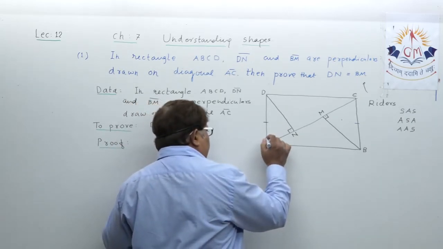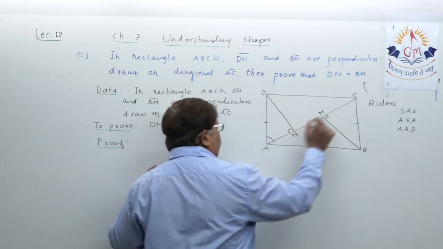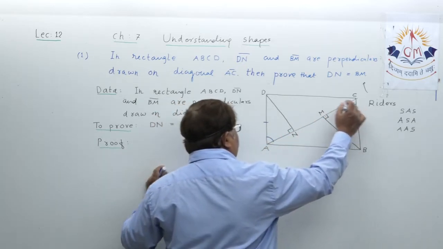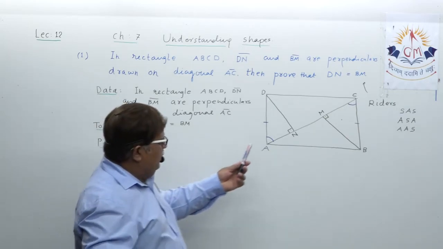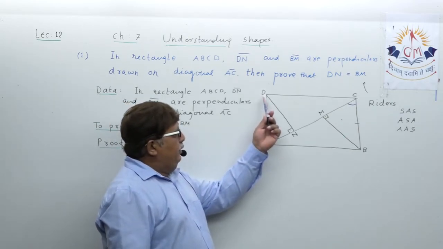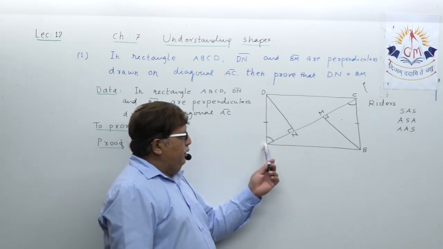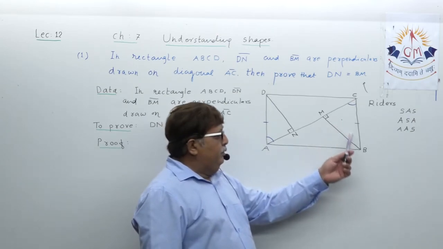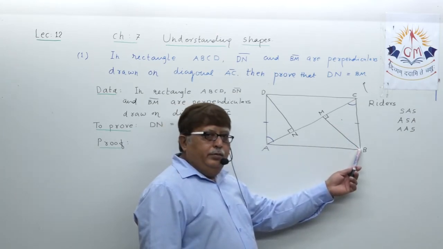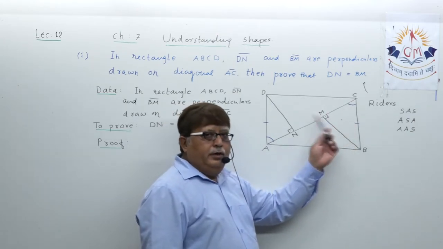A congruent pair of alternate angles. Okay. To name this angle, how can I name it? Angle DAN. To name this angle, BCM.